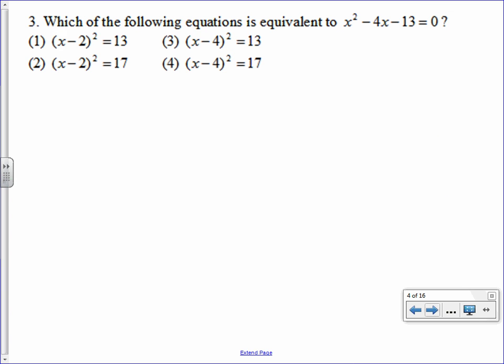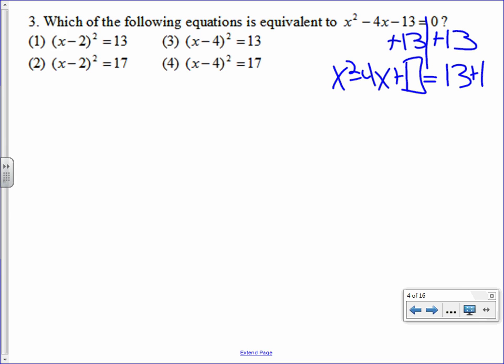Which of these is equivalent to the equation? Based on the answers, I can tell this is completing the square. First step is to have only the variables on one side. Next step, I know I have to add b over 2 squared to both sides.